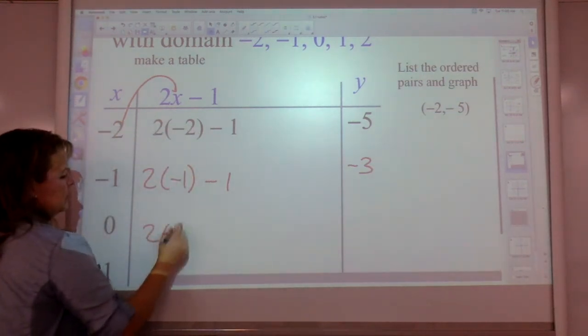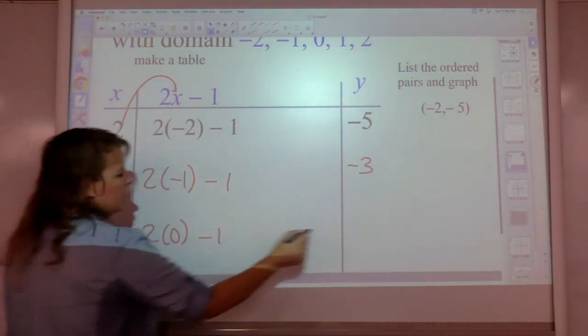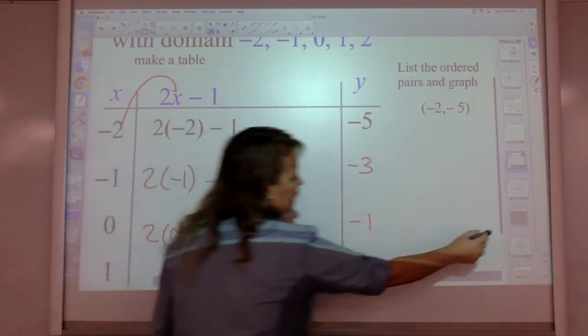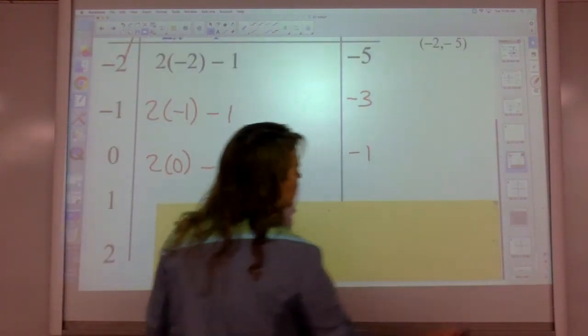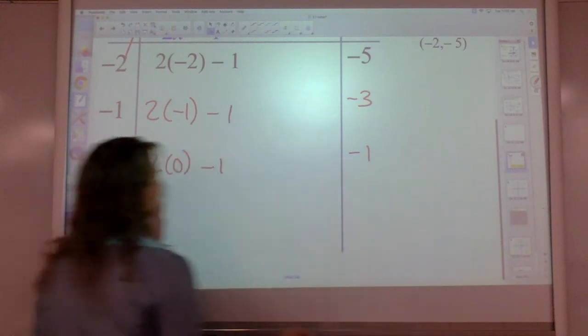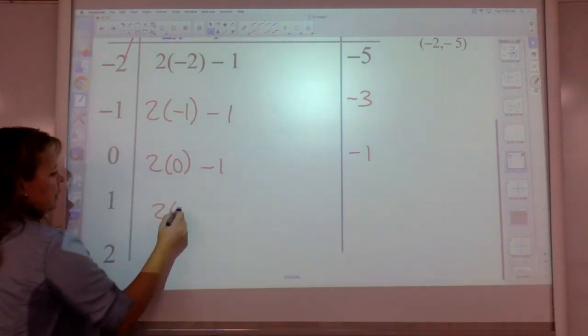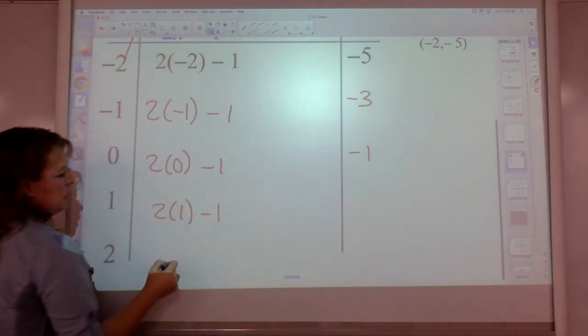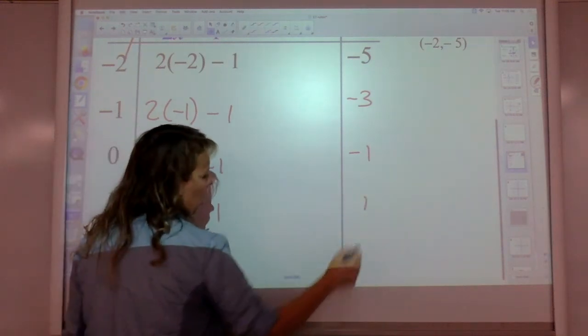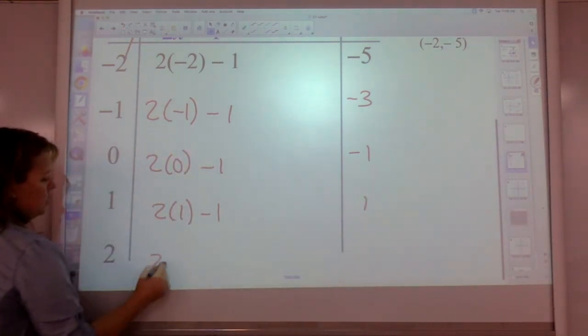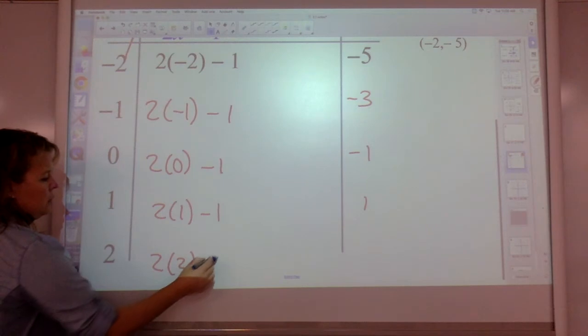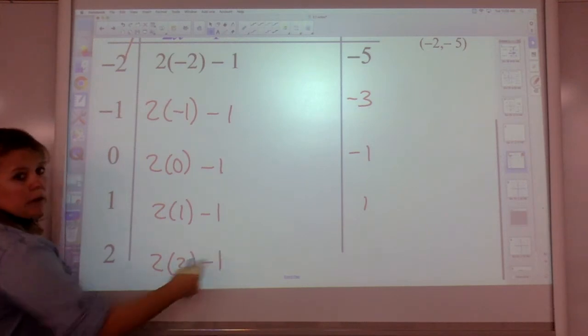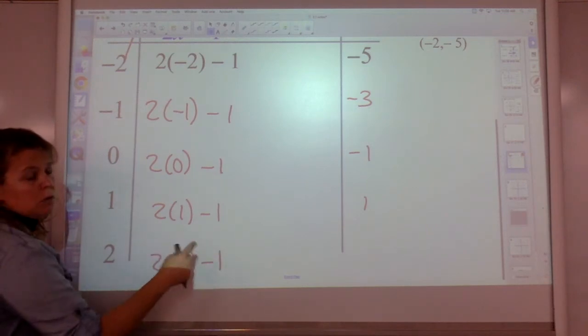2 times 0 minus 1 is -1. And if you need more time, pause the video, slow it down. 2 times 1 minus 1 is 1. Last one, 2 times 2 minus 1. When you put this in your calculator, put it in all at once. 2 times 2 minus 1.